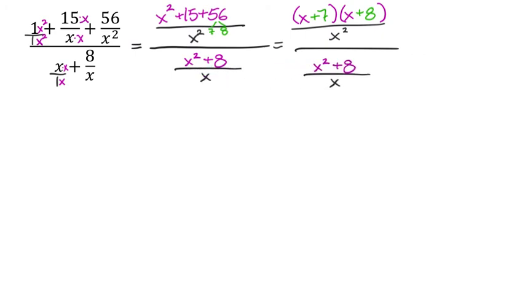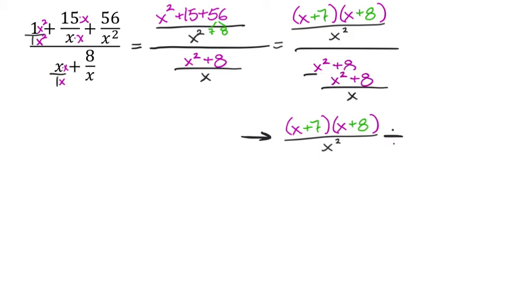But at this point now, I'm going to rewrite this as a division problem. So I'm going to take my numerator, which is kind of slanted there, that's okay, and I will divide it by the denominator. And now that we have it like this, I'm going to change the operation to multiplication.